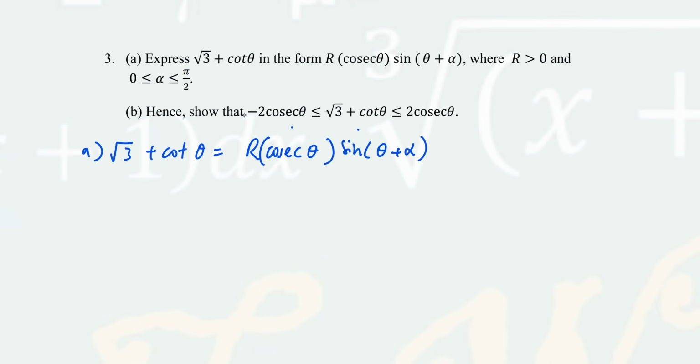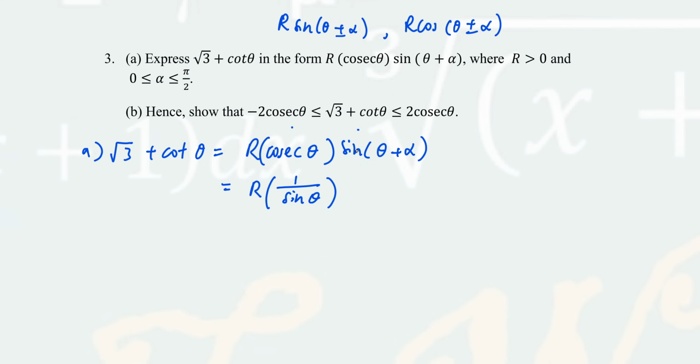Okay, we know that cosec is 1 over sine, so I will write r times 1 over sine theta. And for the sine of (theta plus alpha), you must remember that whenever you see r, you must get either r sine (theta plus or minus alpha) or r cos (theta plus or minus alpha). So here we have to do expansion.